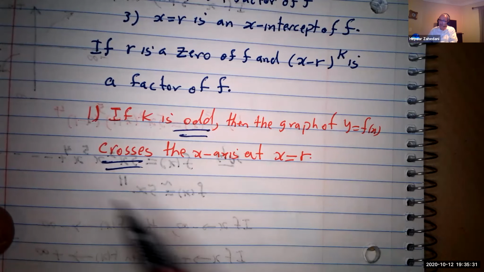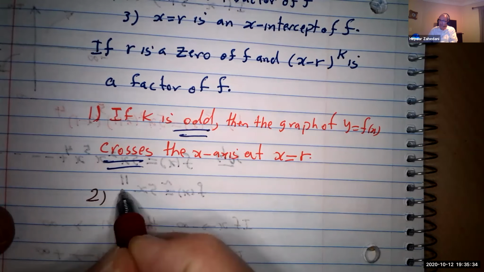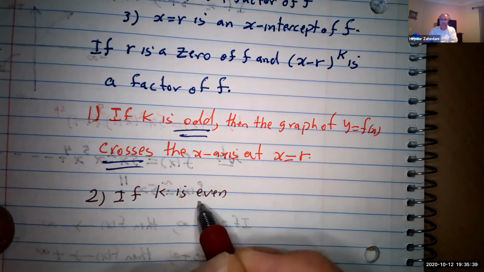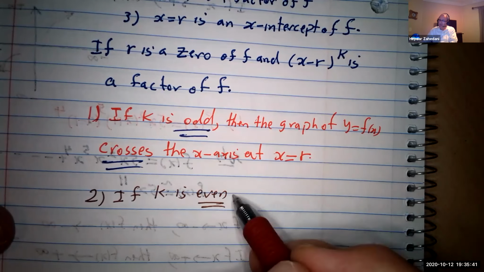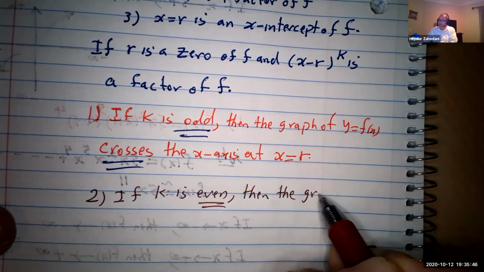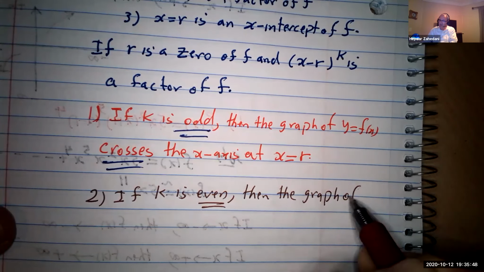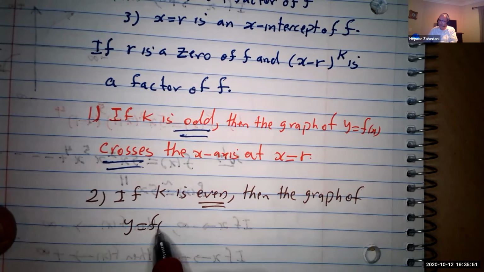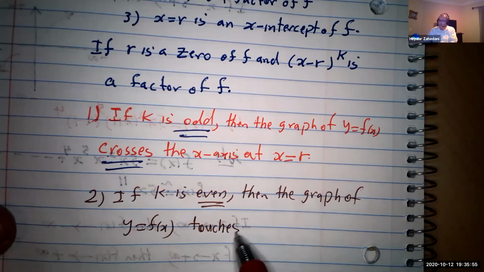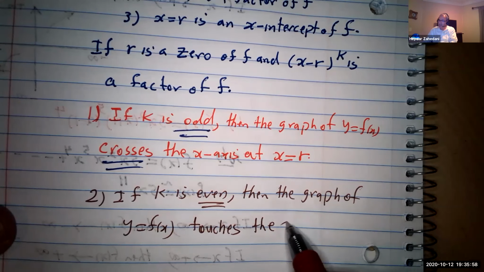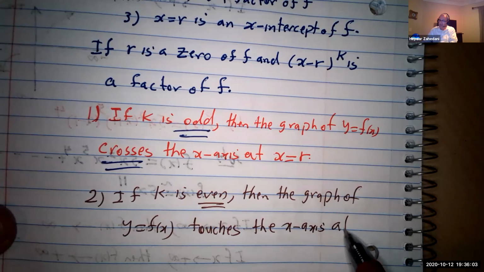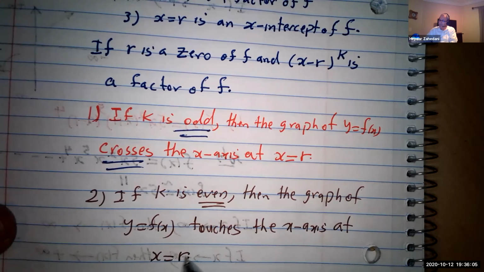But if k is going to be even, then the graph of y equal to f of x this time touches the x-axis at x equal to r.